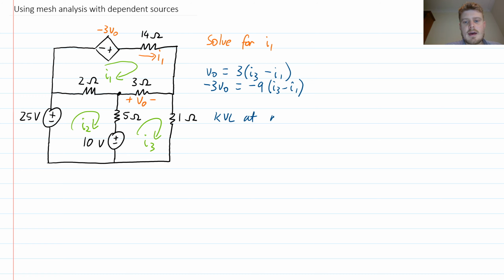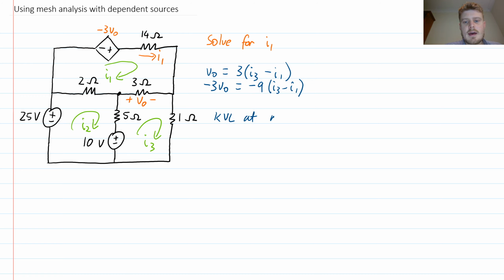So we can simplify, and we can substitute what we know about V0, because I've just calculated 3 V0 above. I'm going to substitute that in, and also clean up this equation a little bit. So negative 3 V0 is negative 9 (I3 take I1).